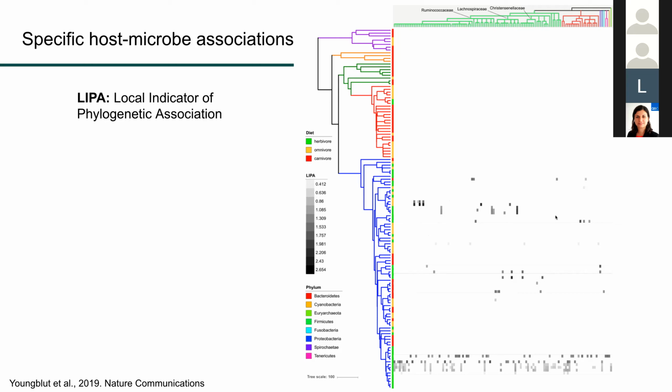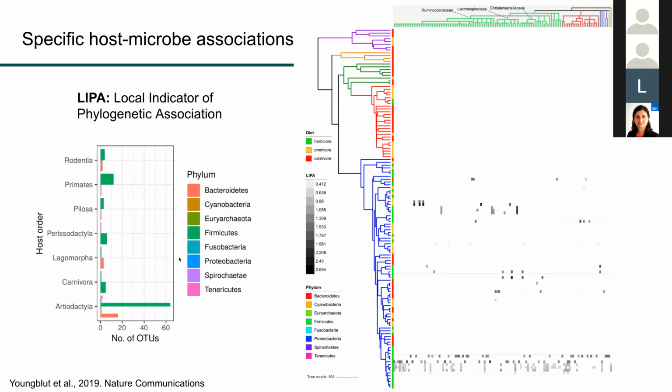And so there was a distribution of associations, for instance, Firmicutes here, various clades with primates, or with various carnivores, or here with ruminants, especially ruminants and especially cattle. This is summed up here on the left.